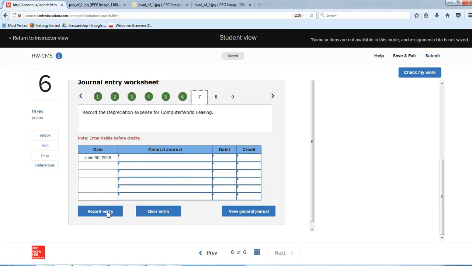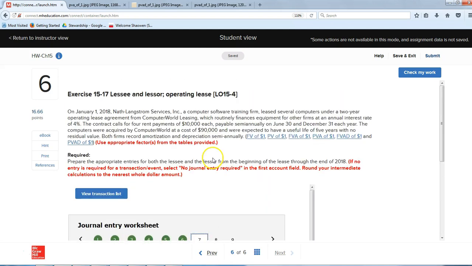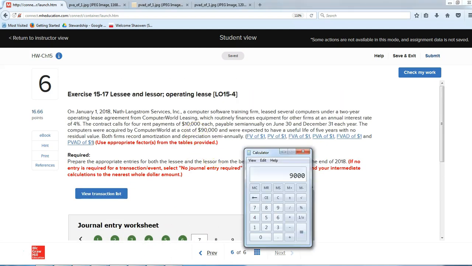And because the lessor still has the title, the ownership of this asset, they need to depreciate the asset. The asset has a value of $90,000 and no salvage value, no residual value.